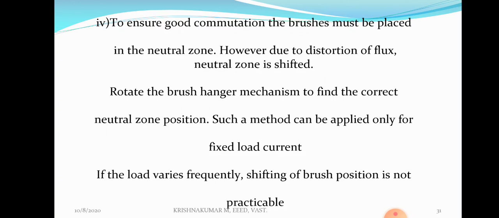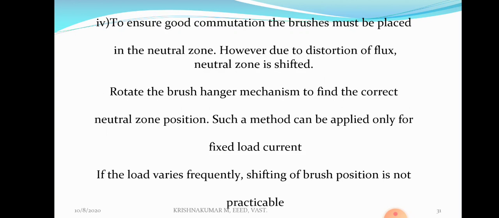If we are providing the brushes at the neutral zone, we can avoid the cross magnetizing effect and sparking of brushes to a certain extent. But this method is applicable for fixed load applications. When load is fixed, load current is fixed, magnetic neutral zone is fixed. But when load is varying, load current is varying, magnetic neutral axis is varying.